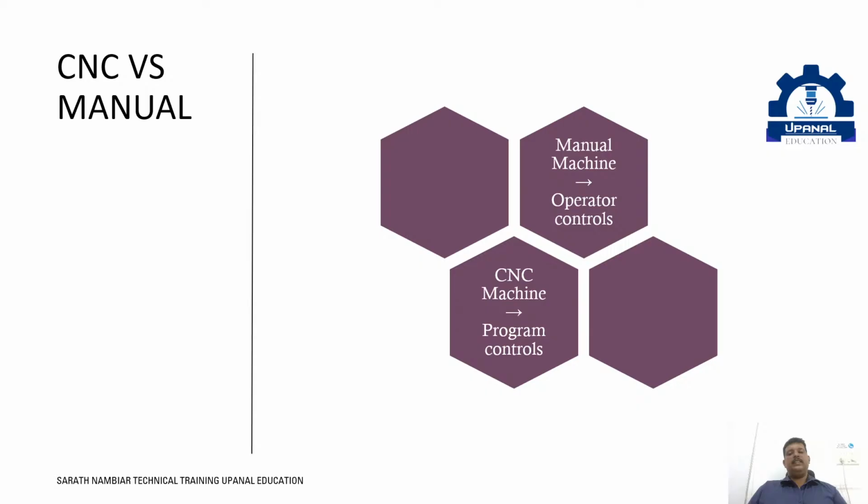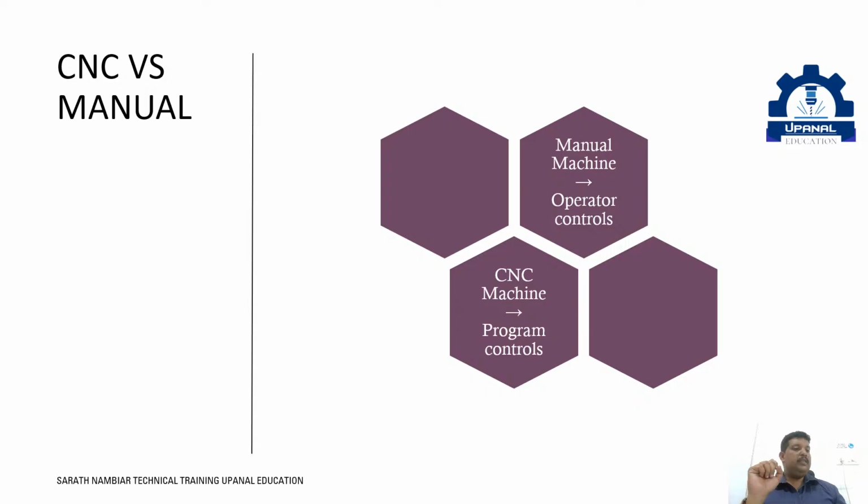So let's compare the CNC with a manual machine. In a manual machine, what will happen? The operator controls everything. Hand movement, tool movement, cutting depth, everything depends on the skill of the operator. Now look at the CNC. In CNC, the program controls everything.